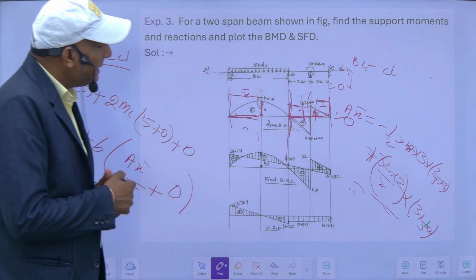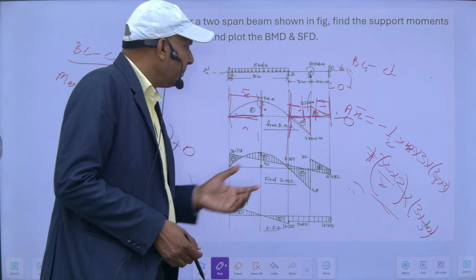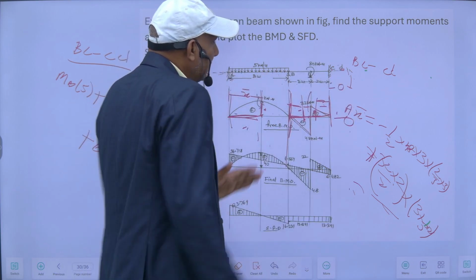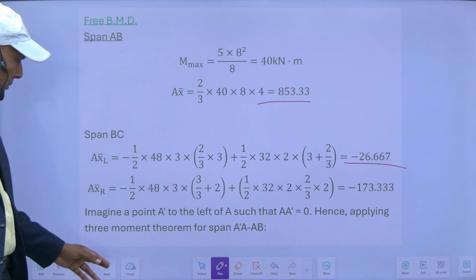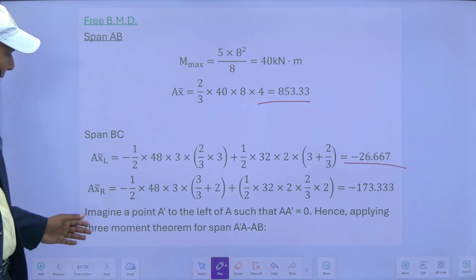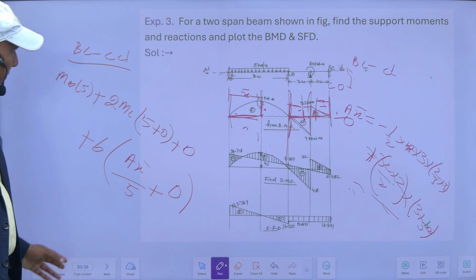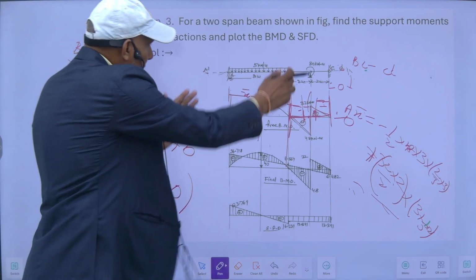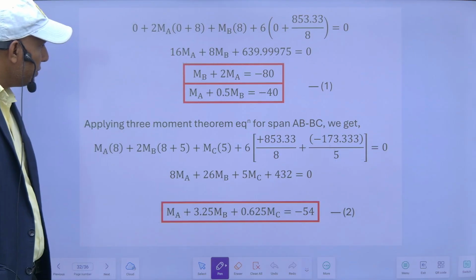So this way we can apply the 3 moment equations, first for A dash A and AB, AB and BC, and then BC and C dash. If I apply for the first span, I will get these equations.